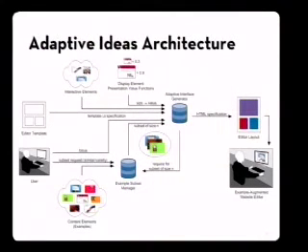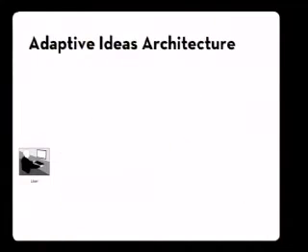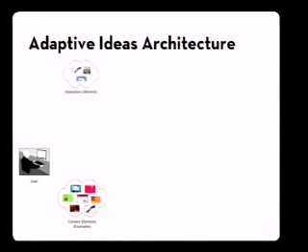This is the architecture of the adaptive ideas approach. So we give the system 5 inputs. The first is the user's focus, what he's currently working on. The corpus of examples that I mentioned earlier, from which we draw the examples for inspirational display.